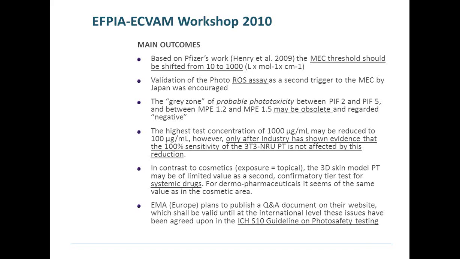The reason is that in the validation study, a plateau of the same classification level with regard to sensitivity and specificity was reached between a PIF of 2 and 5 and an MPE between 0.12 and 0.15. And the OECD commenters, who were often regulators, said, well, why don't you take the most sensitive value as already probable?